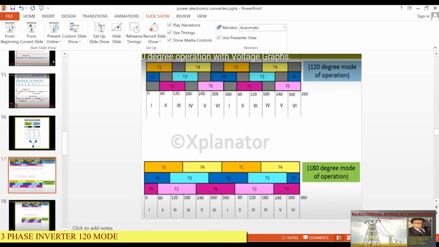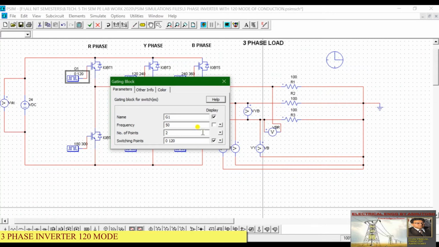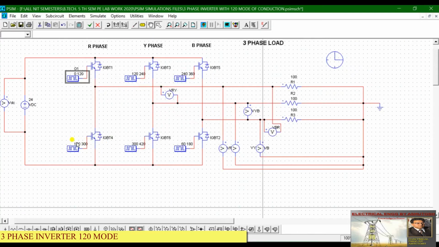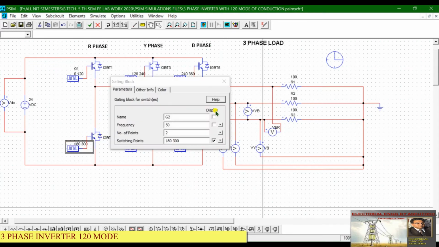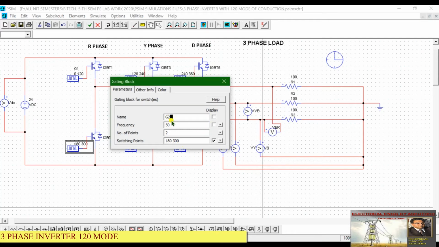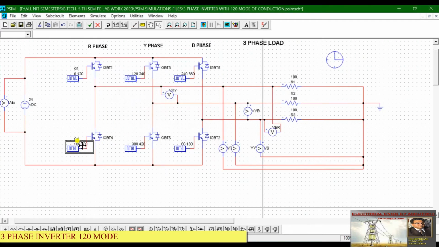Then see the fourth one. For the fourth IGBT in the same leg, I have used 180 to 300 degrees. You can name this G4, and you can display it by checking from 180 degrees up to 300.